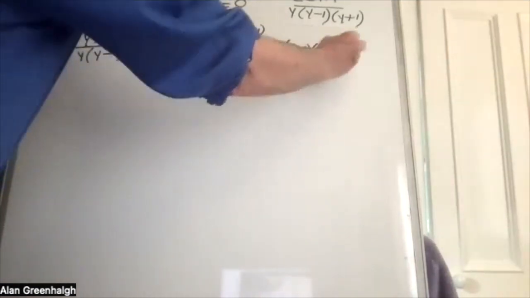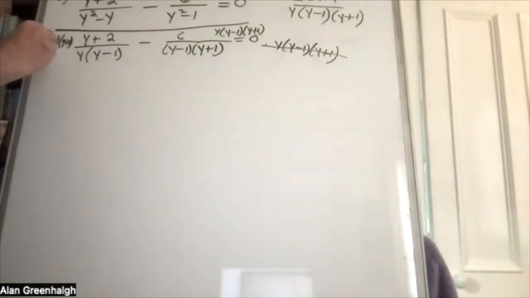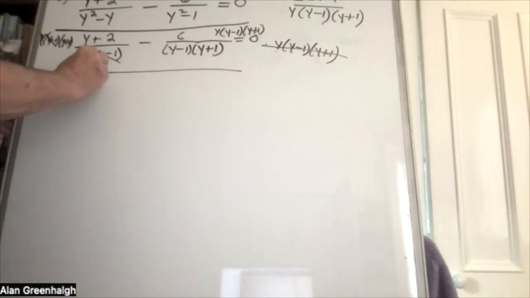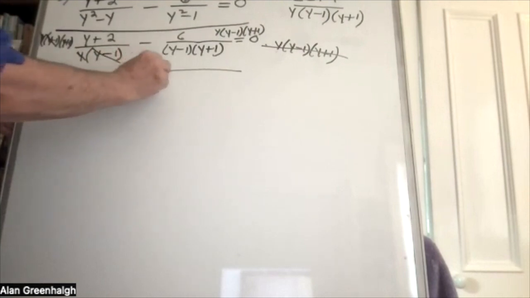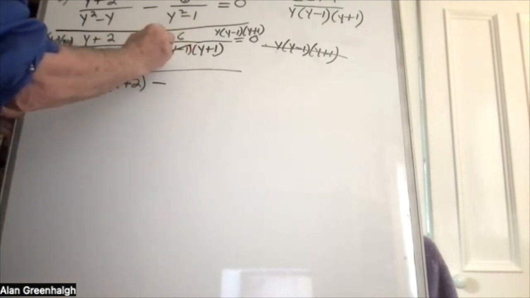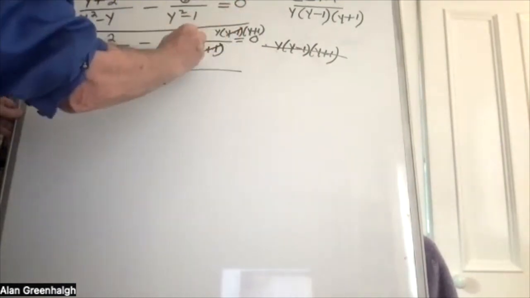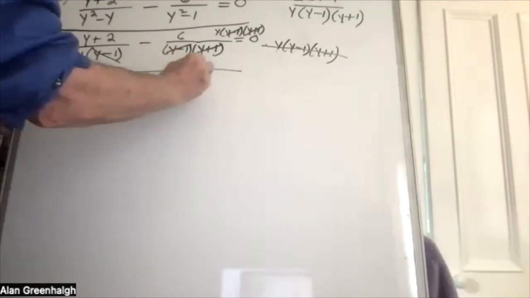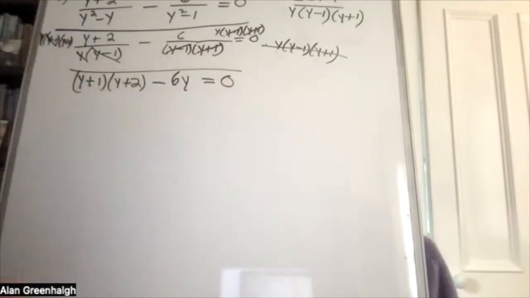So everything will cancel out. But the rest of it, this cancels out with that. The negatives one cancel out, and you have y plus one times y plus two minus the y's minus one drop out, the y plus one drop out, and you get 6y. And of course, this is equal to 0.